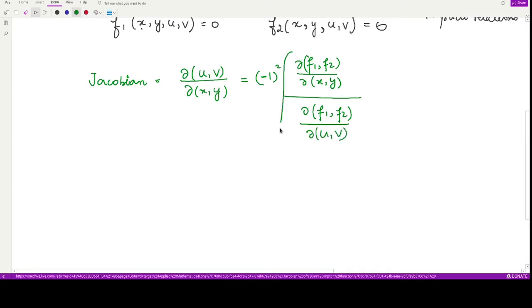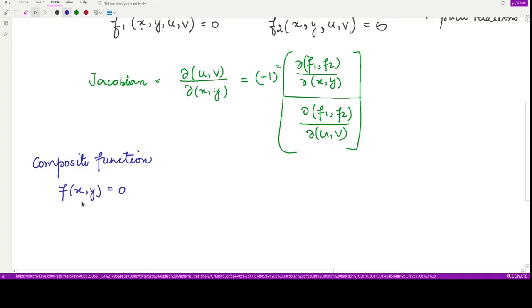Now, this expression is similar to the one you had for composite functions. There, you had some implicit function f of x y equal to 0, where x was some function of t and y was some function of t.